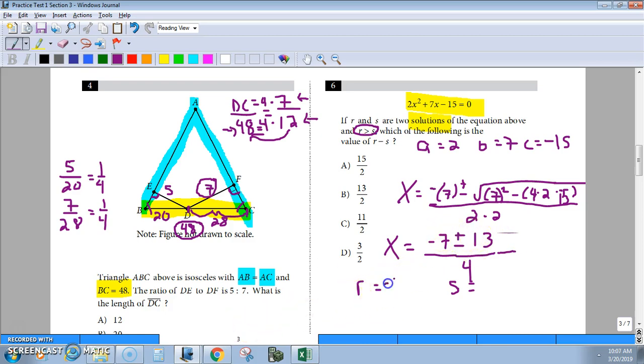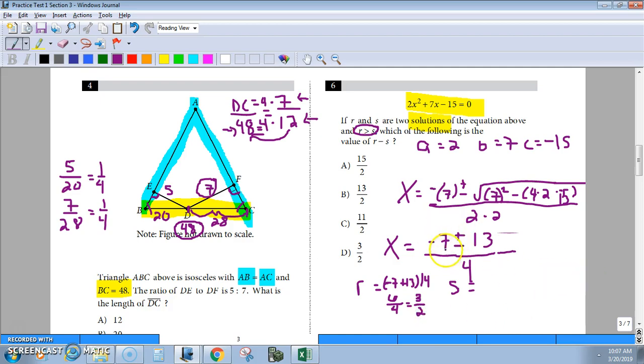So I'm going to have negative 7 plus 13, and then divide that answer by 4. So negative 7 plus 13 is, help me out, 7, 8, 9, 10, 11, 12, 13. Positive 6, and 6 divided by 4 is 6/4, which is the same as 3 over 2.